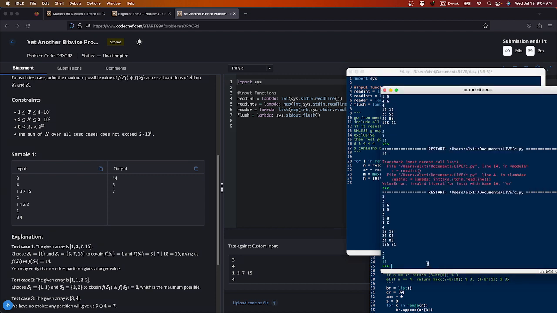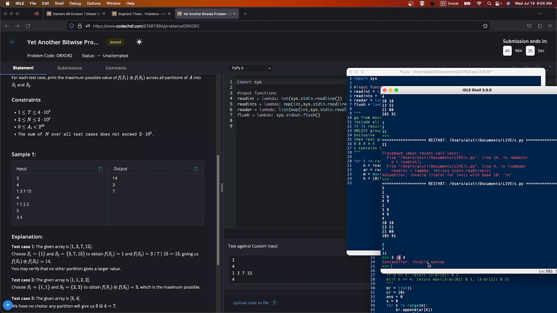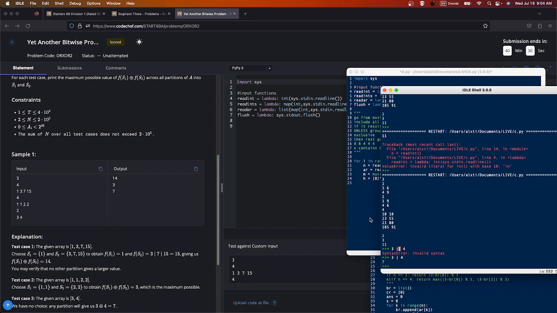Let me just make sure I know what the OR symbol is. Yeah, that's the OR symbol, I think.